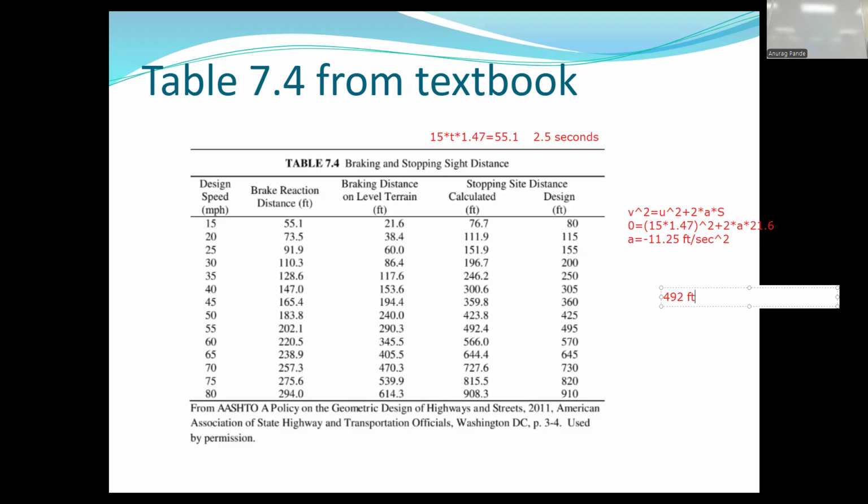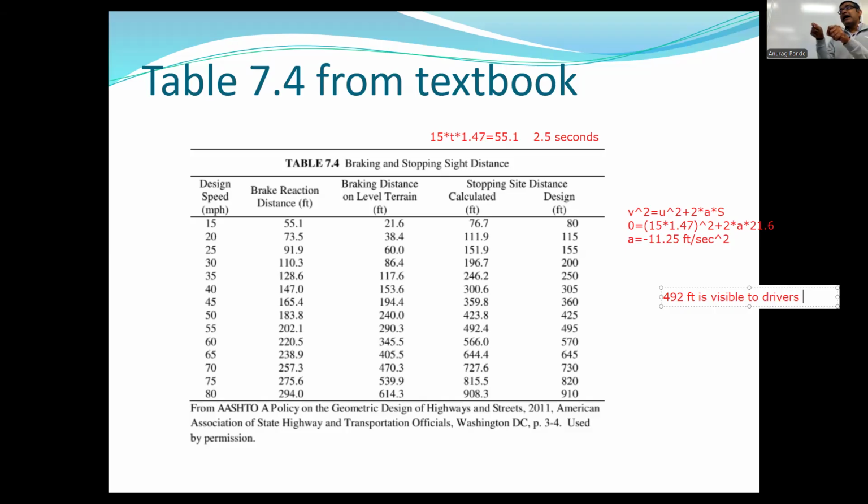So they can only see 492 feet ahead at a certain location because of the geometry of the situation. I'm asking you, what's the design speed for that curve or for that section of the roadway?